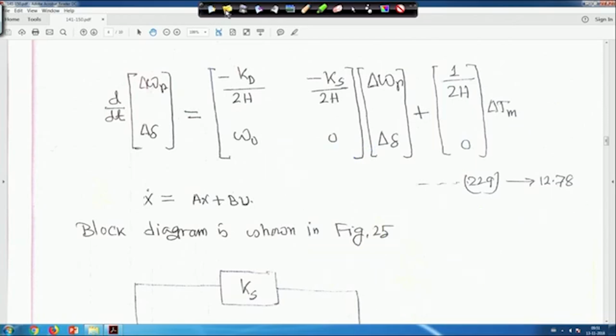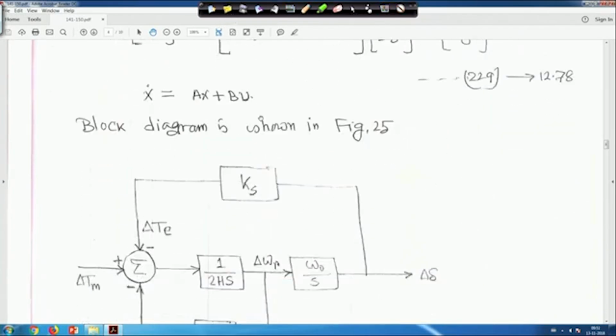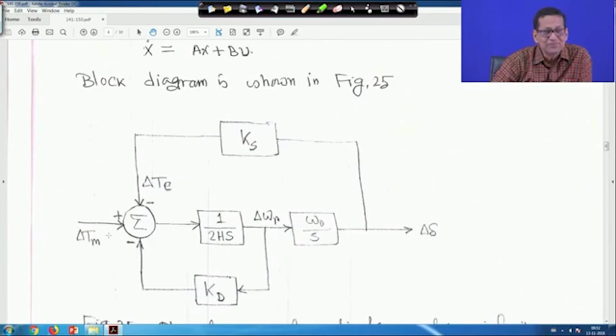Now, if you represent this in block diagram, this is my delta T_m and this is minus delta T_e. Just look at those equations and construct the block diagram. We have seen that delta T_m minus K_S delta minus K_D delta omega r, into 1 upon 2Hs, is equal to delta omega r.